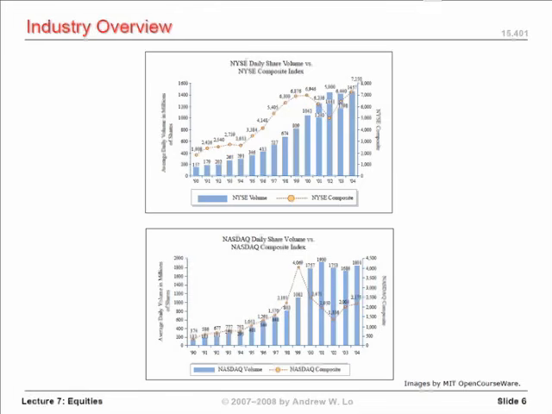This is an example of the dynamics of public secondary markets, the NYSE and NASDAQ over the last few years. What this displays is the trading volume, both measured in terms of shares as well as in composite fraction on the NYSE volume.